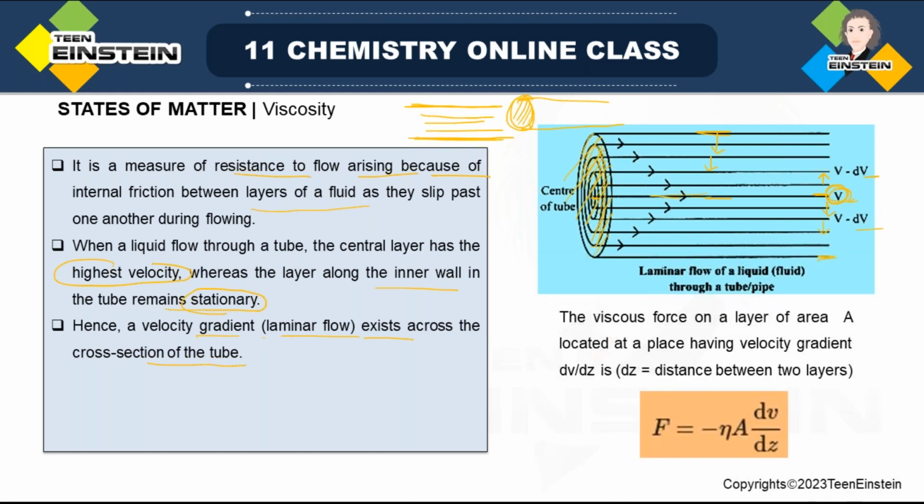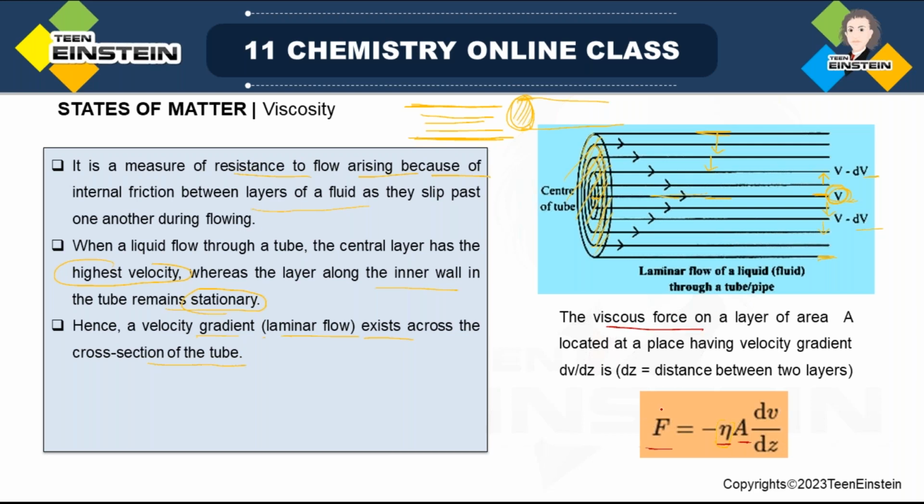Now how do we measure this viscosity? It is measured in terms of this eta sign. Here F is force, and F equals minus eta times area times dV/dz.